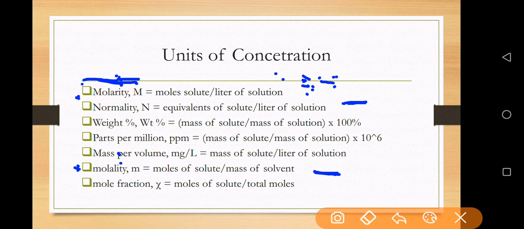In our next tutorials, we'll have a lot of numerical examples so that each and every one of you should have a basic understanding and be able to solve any question relating to these two.